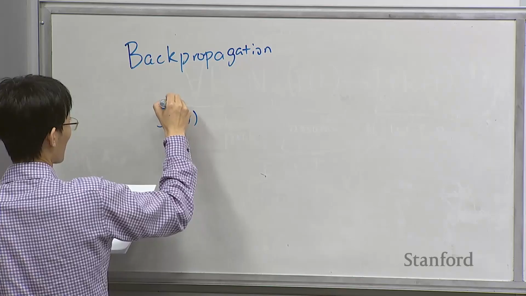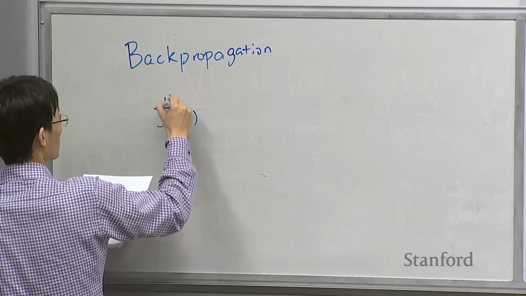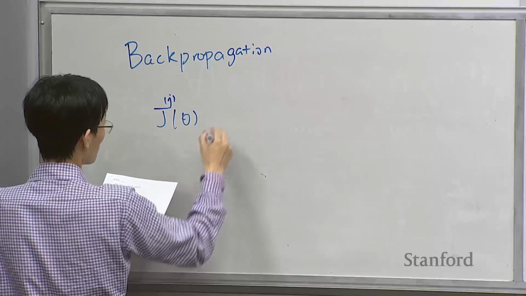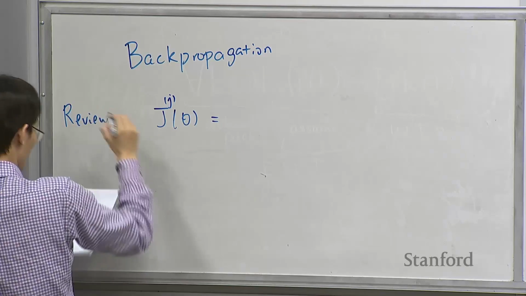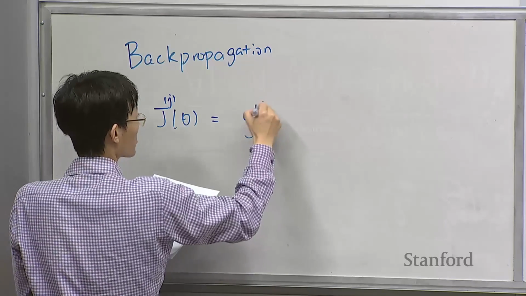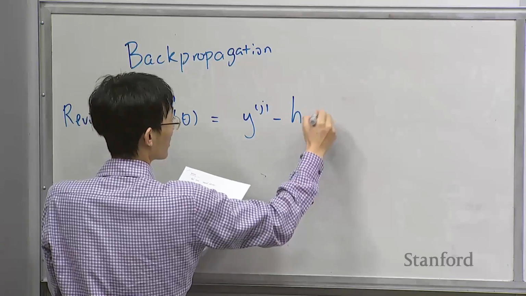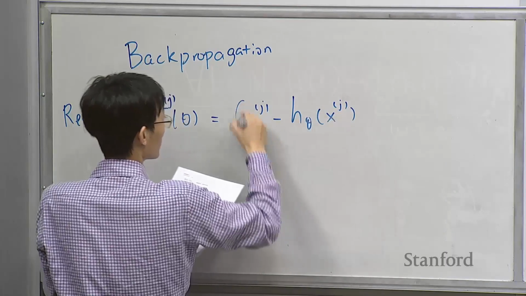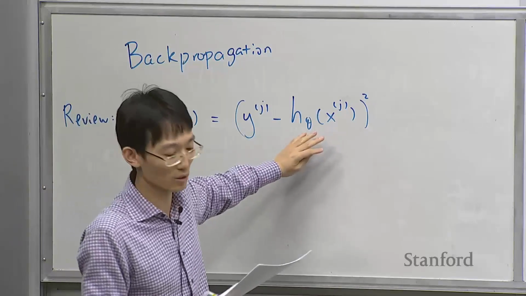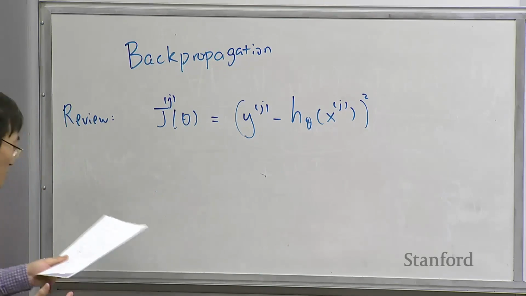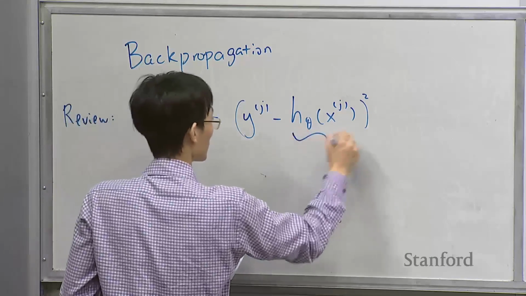Let's just look at one example, J_j, the loss function of the jth example, which is something like (y_j − h_θ(x_j))². This can be another loss function; here I'm only using the square loss for simplicity. And this is a neural network.